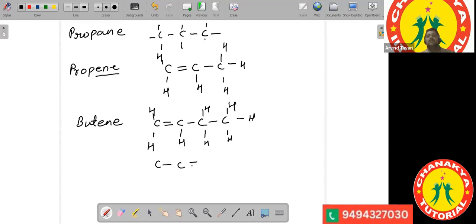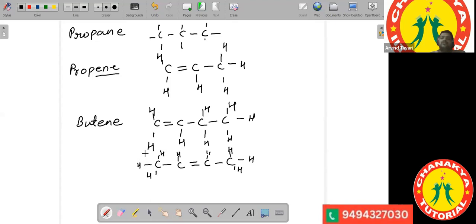C, double bond carbon, and this. So this is another structure which is possible for the same butene. But their chemical properties will be different. You can see both are butene, but their chemical or physical properties will be slightly different from one another.